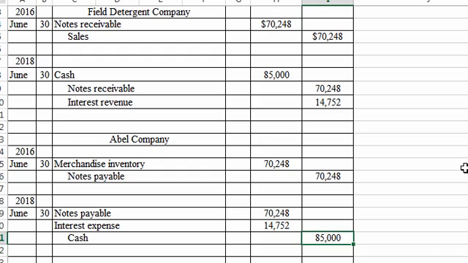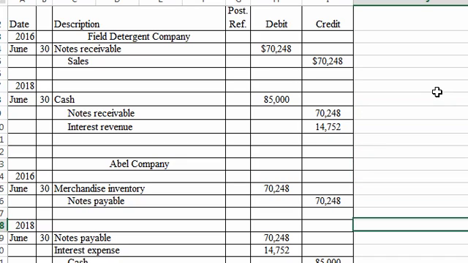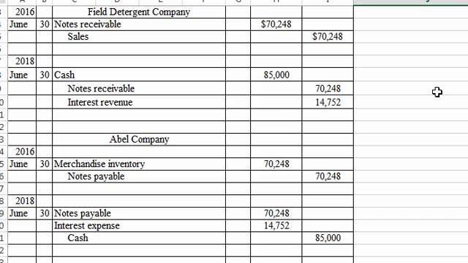And there you go. So you've now seen the entries. They didn't ask for them, but it never hurts to look at some journal entries. Now you've seen the journal entries for Field Detergent Company and for Able Company concerning this transaction.